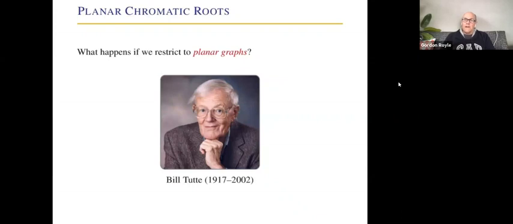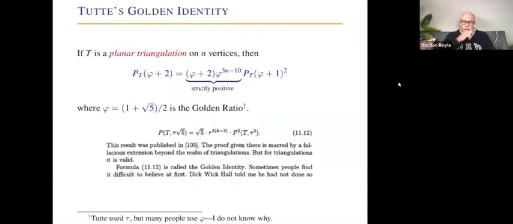What about planar chromatic roots? Well, the big name in planar chromatic roots, along with many other things, is Bill Tutt. He proved this rather amazing result, where phi is the golden ratio.